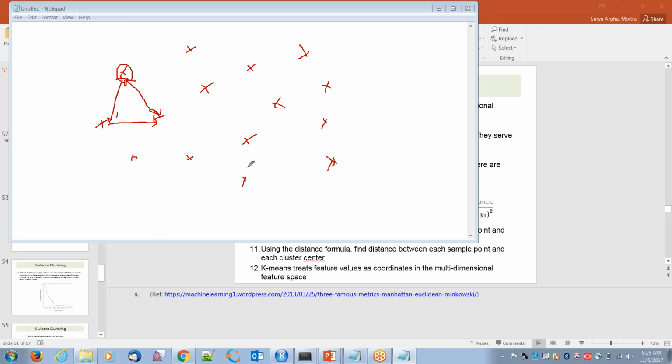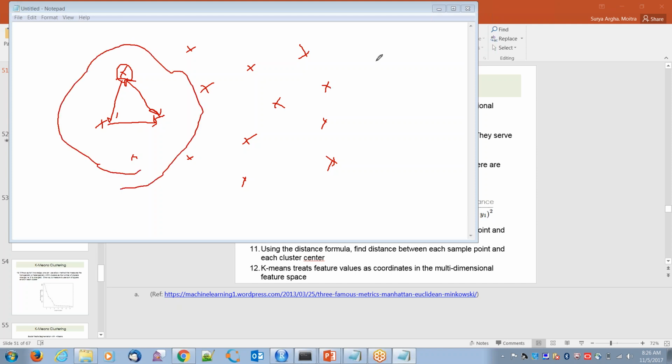Based on whatever metric is being used by the algorithm, say the distance should be less than some value, the initial clusters are formed.